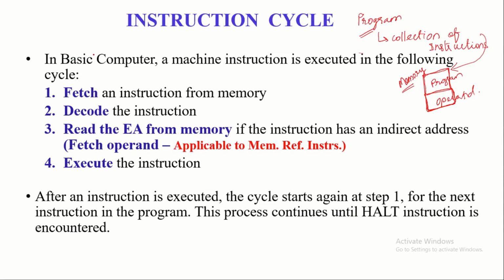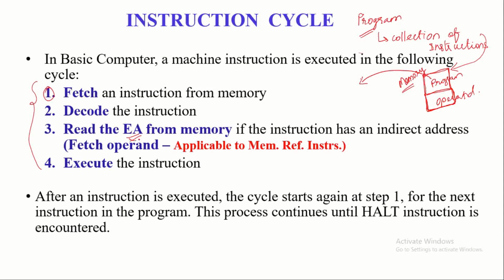In a basic computer, when a machine instruction is executed, it has to follow these phases. In the first phase, the instruction is fetched from memory, and in the second phase, the instruction is decoded. In the third phase, the effective address of the operand is read from memory if the instruction has an indirect address.